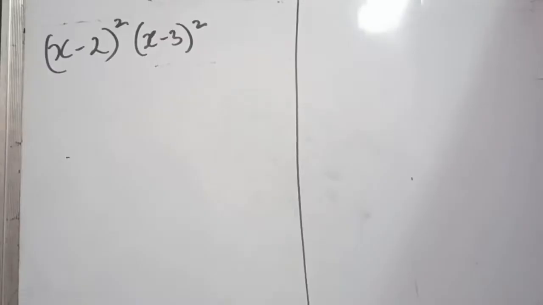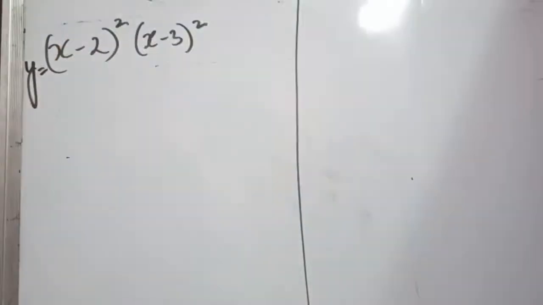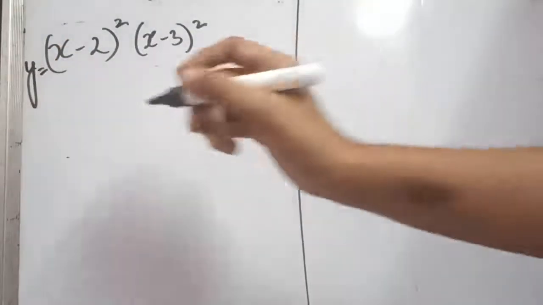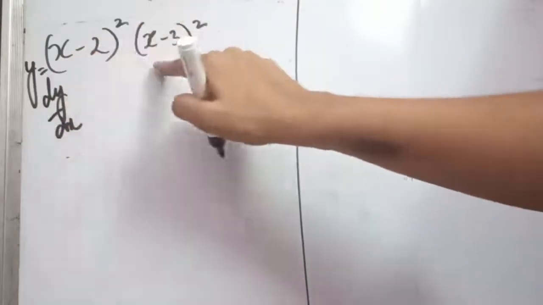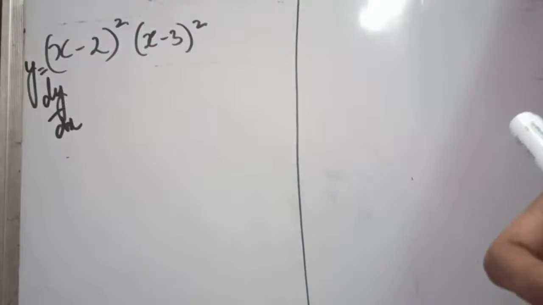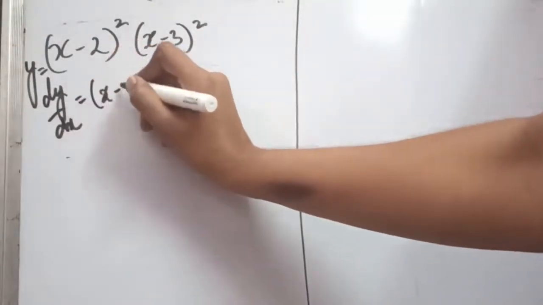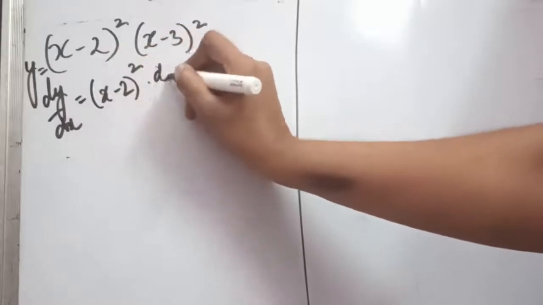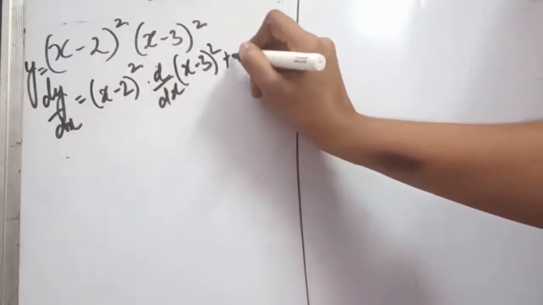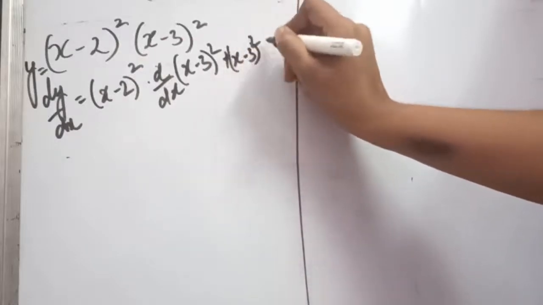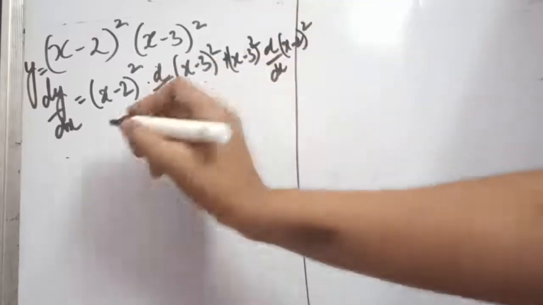Now this is a practical question that we will be solving with the help of the second method. First step, put this function equal to y. We have done that. Second step, take the derivative. Now I hope you all can see that it is a product, so here we can apply the product rule. According to the product rule, it will be u derivative of v plus v derivative of u.